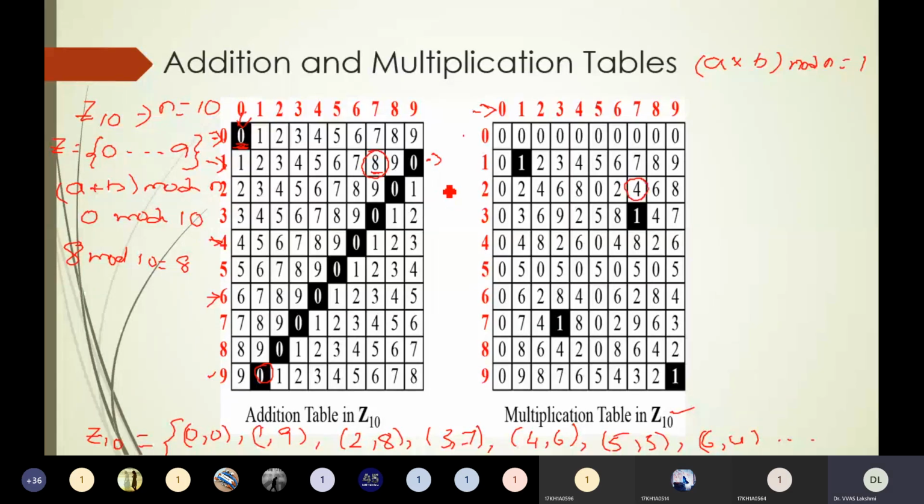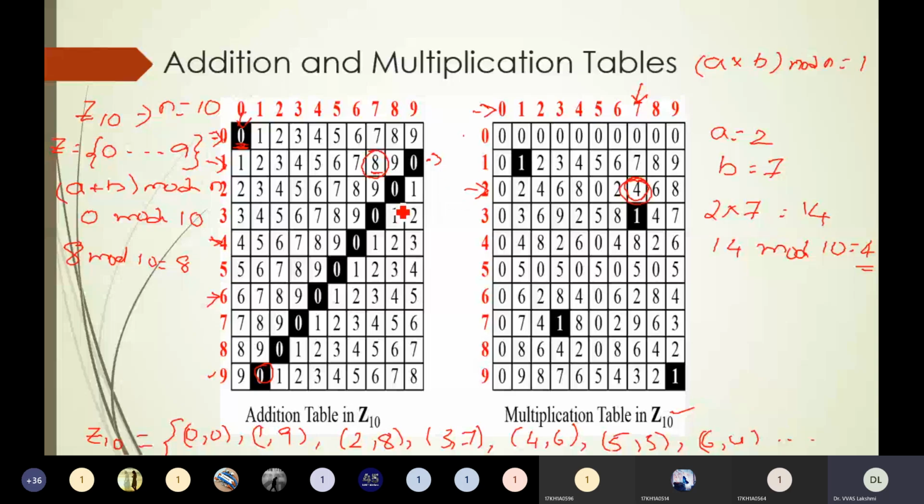Here a is equal to 2 and b is equal to 7. So what is the value of a into b? 2 into 7 is 14. After that we calculate the mod operation. 14 mod 10 is 4. So the value is 4.